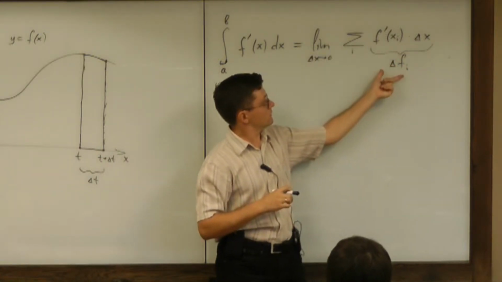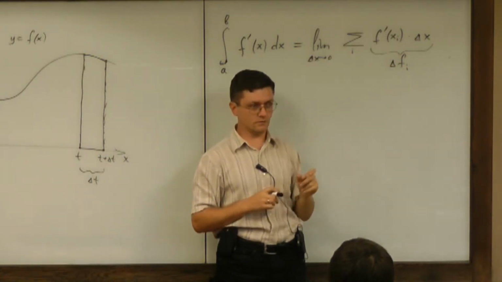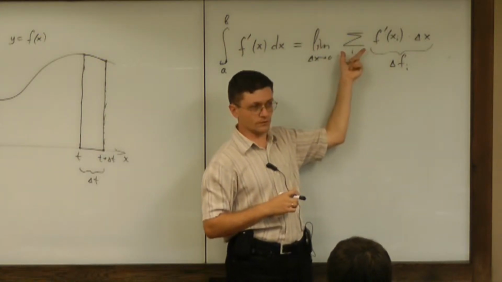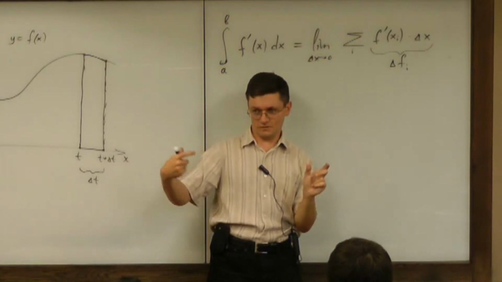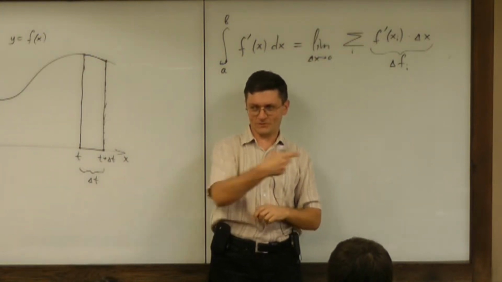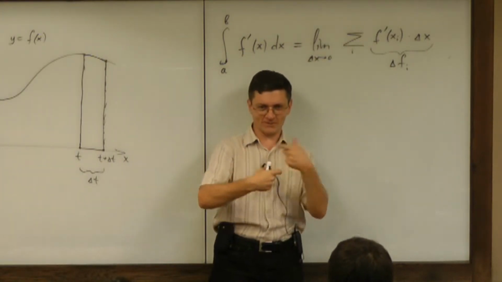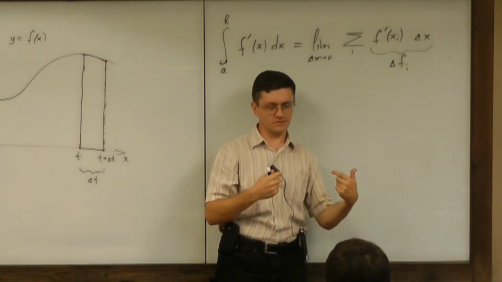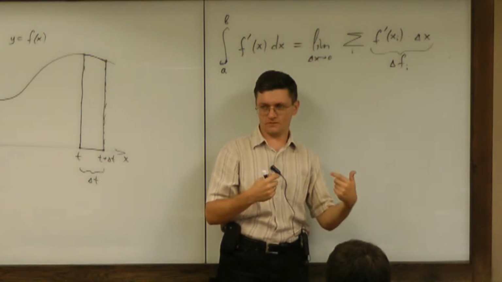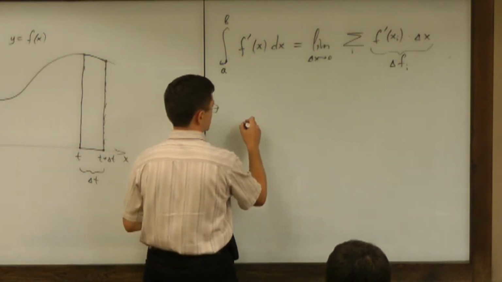Now, what happens when we add the total change of the function over the first interval, plus over the second, plus over the third? You should go left to right, right? First, second, third. So you have a function.